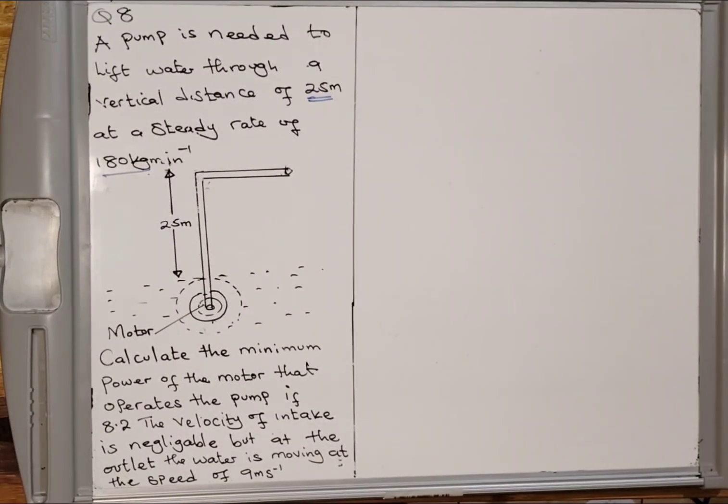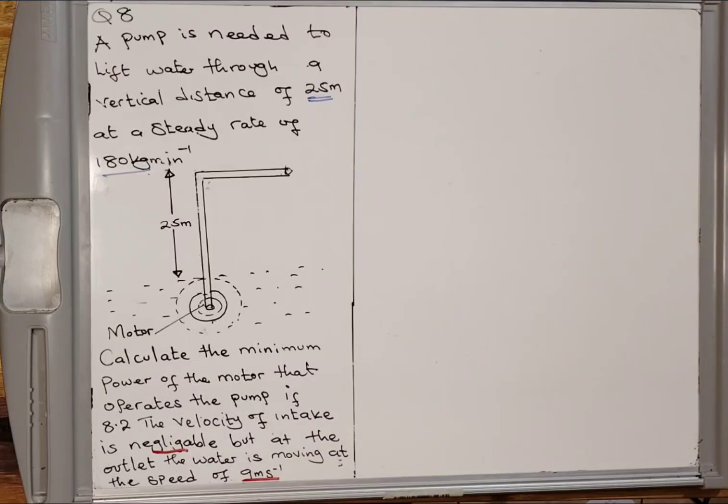Yes, then comes this question. 8.2, it says the velocity of the intake is still negligible, but at the outlet, water is moving at a speed of 9 meters per second.